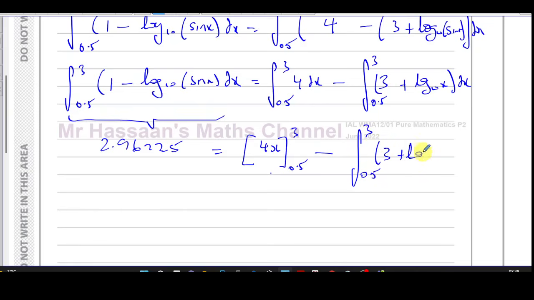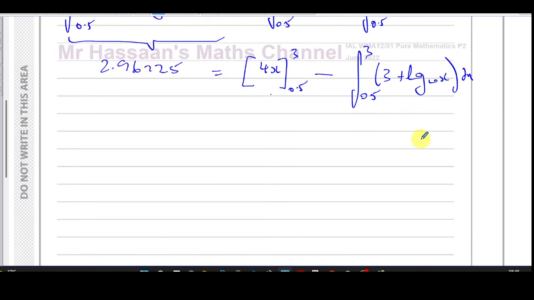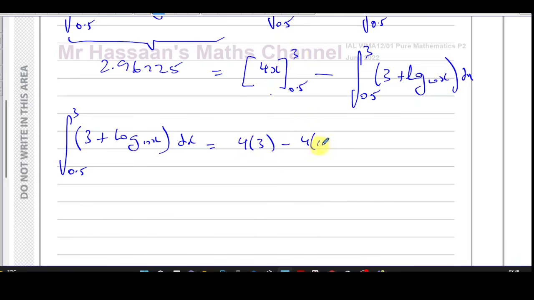Now I can do some rearranging, and I can get what I'm looking for. So I can now make this the subject. I have the integral of 3 plus log to the base 10 of x with respect to x between 0.5 and 3 is equal to, now if I substitute 3 into here, I'll have 4 times 3 minus 4 times 0.5, and I'll have minus 2.96225.